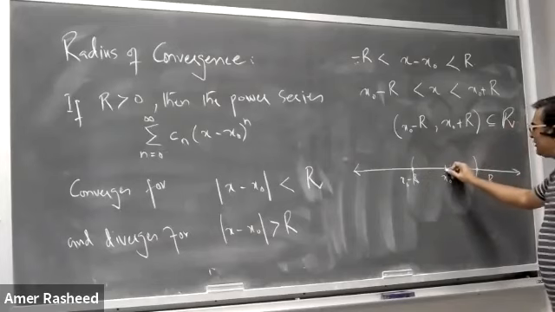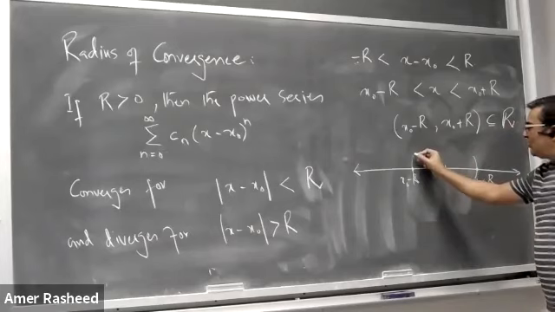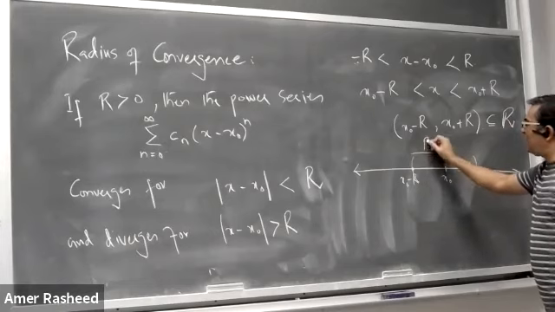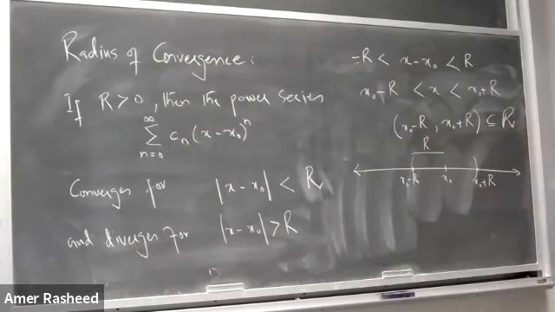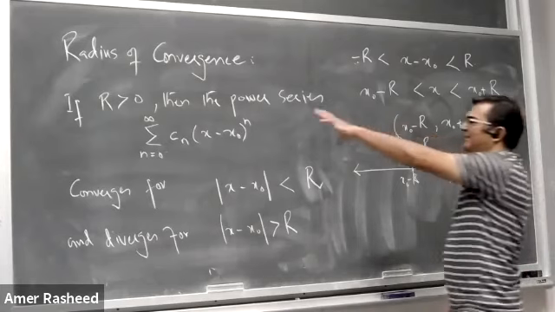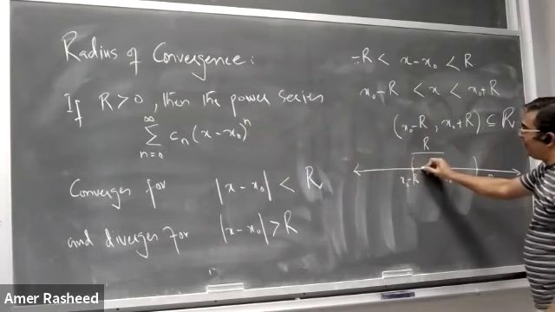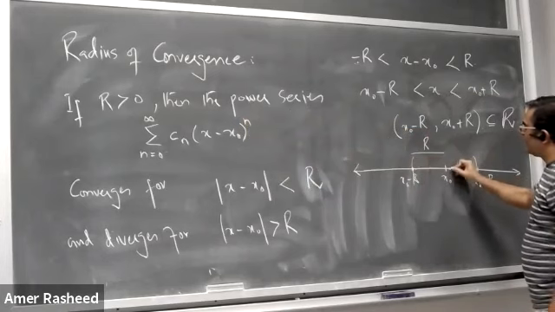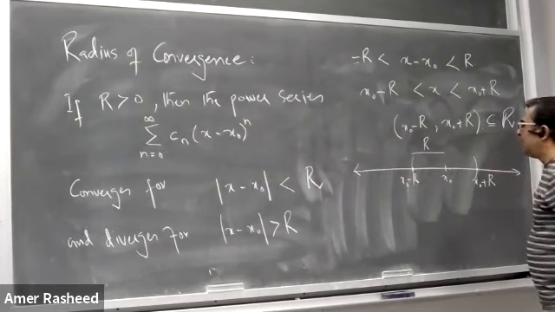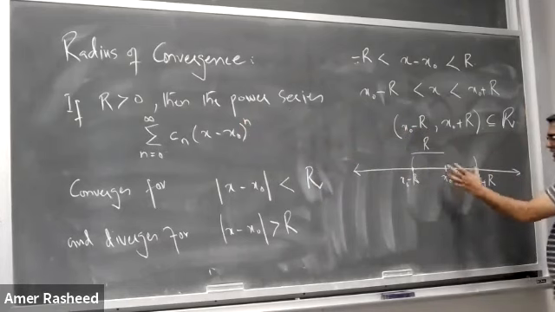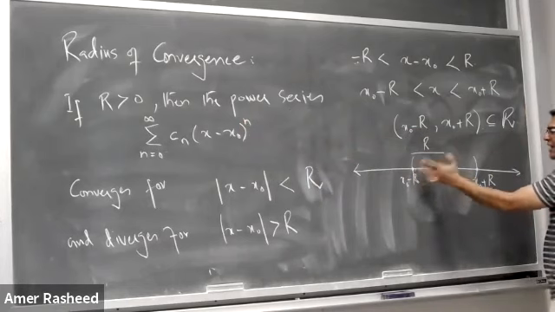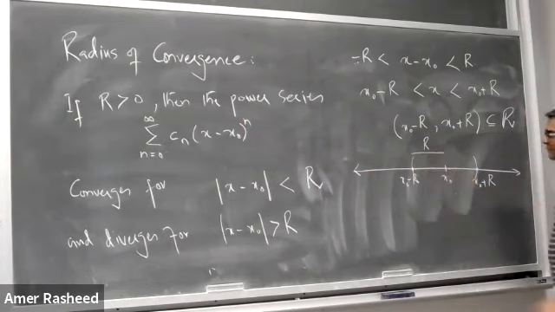Okay, x naught is the center of this interval, and this length would be r, which is the radius of this interval. So if any power series converges for all values within this interval, then x naught is the center and r is the radius.